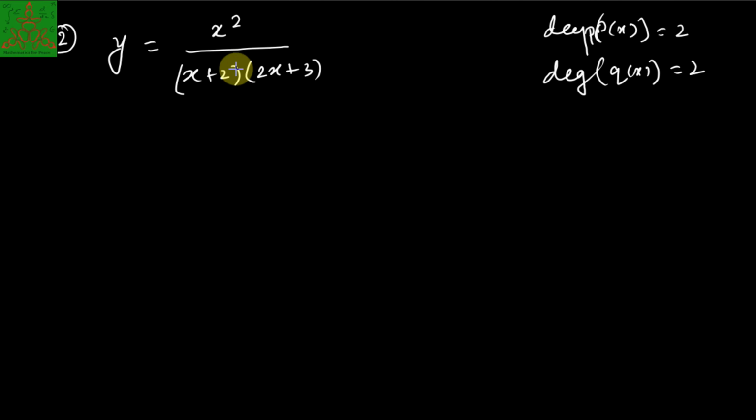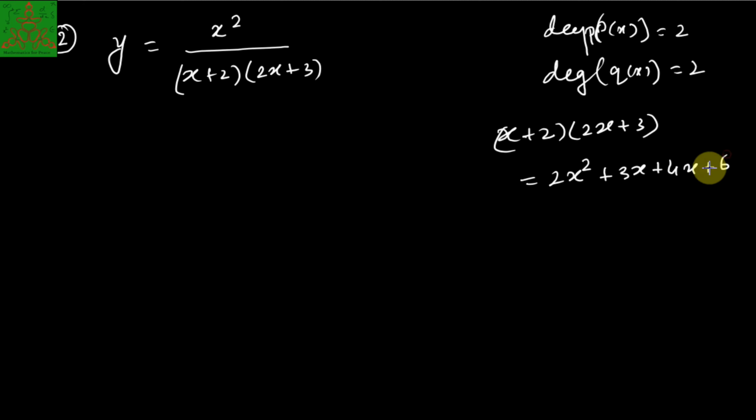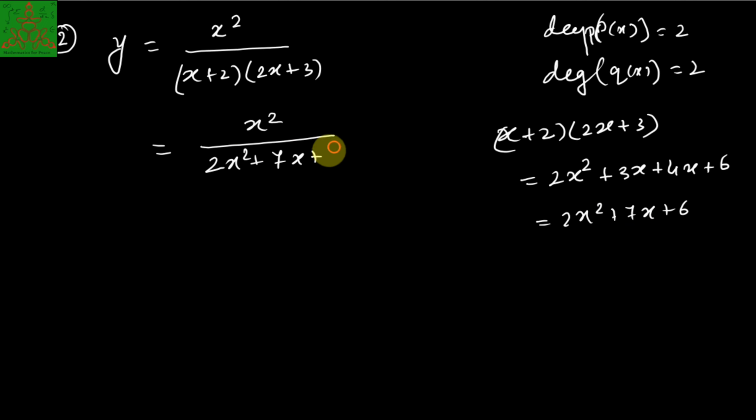So let us first simplify the denominator. As the denominator is x plus 2 into 2x plus 3, that can be multiplied together: 2x square plus 3x plus 4x plus 6 gives 2x square plus 7x plus 6. So this is equal to x square upon 2x square plus 7x plus 6, and then we will divide these two polynomials.